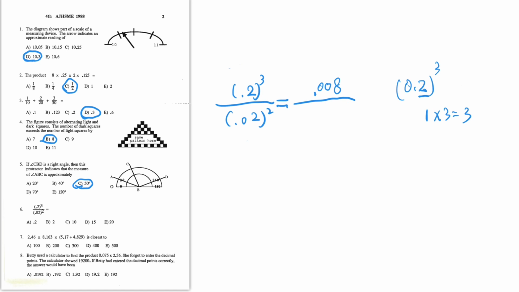Same thing for 0.02 squared. 2 squared is 4. Where do we put the decimal point? The original number has 2 digits to the right of the decimal point, so we use 2 times the power 2.